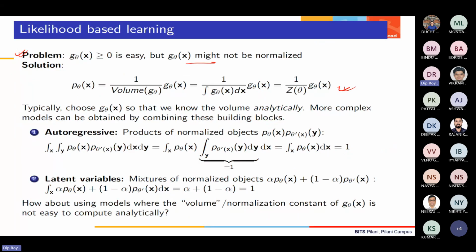P of theta x is a distribution over x parameterized by theta. And P theta prime of y given x is a conditional distribution over y given x parameterized by theta. All right, this is basically the decoder.